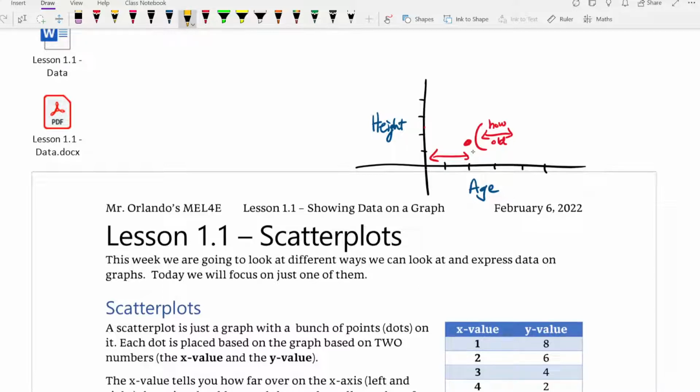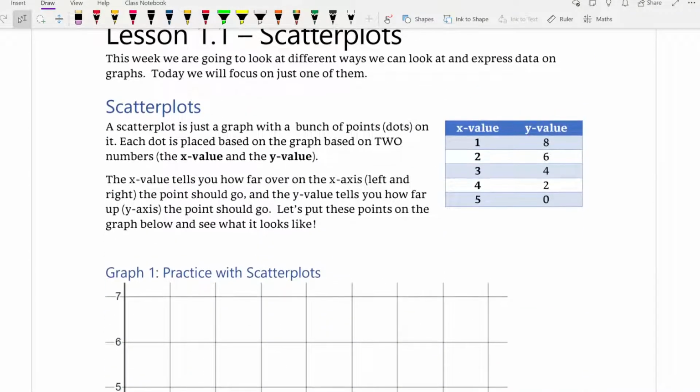And then I would know by measuring up and down how tall it was. And so each point on a scatter plot gives you two pieces of information. So if that seems a little weird, don't worry about it. Let's try actually doing it.